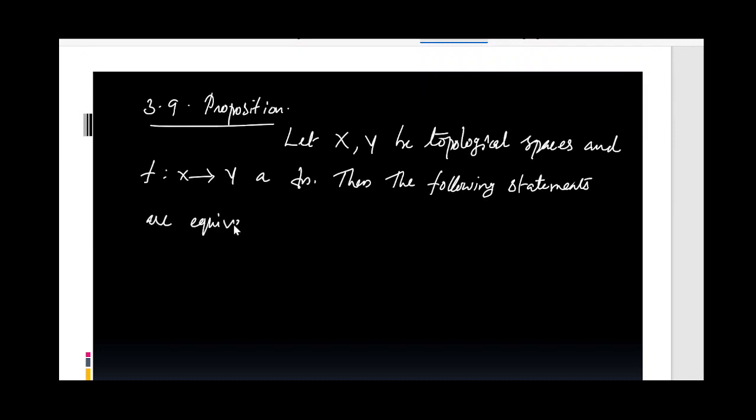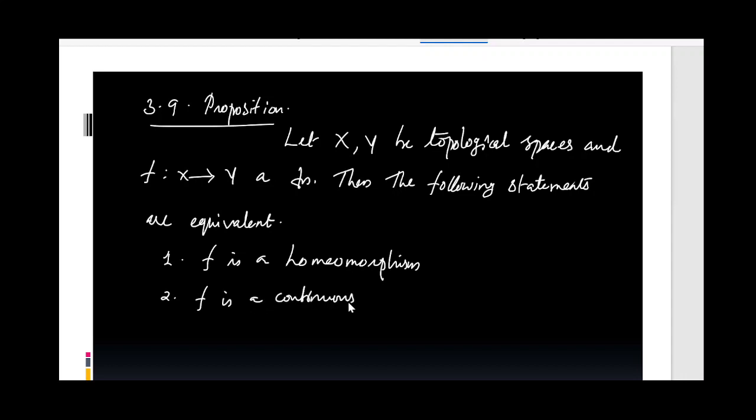First one, f is a homeomorphism. Second one, f is a continuous bijection and f is open.